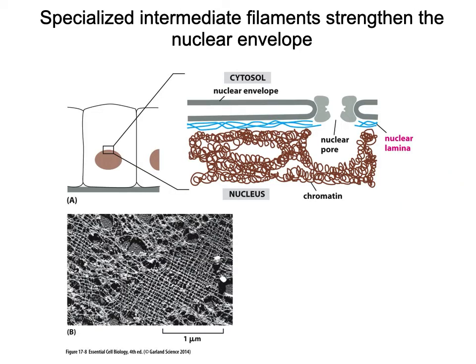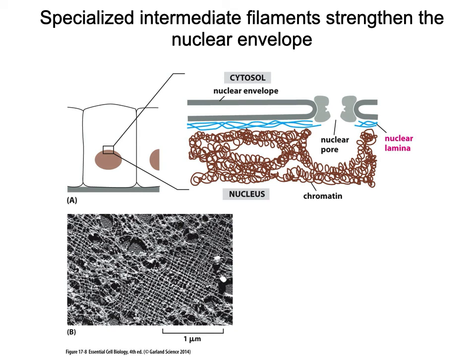So the specialized intermediate filament that's making up the nuclear lamina in the nuclear envelope, you can see here in the drawing right near that nuclear pore, we have some of those filaments near there.